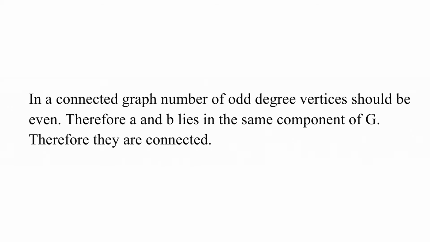In a connected graph, the number of odd degree vertices should be even. So, that is a contradiction. Therefore, A and B lie in the same component of G, so they are connected.